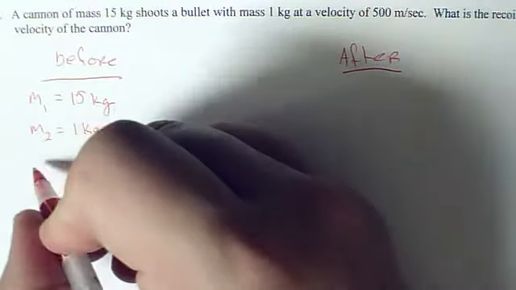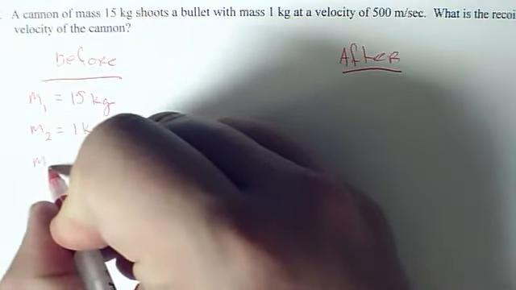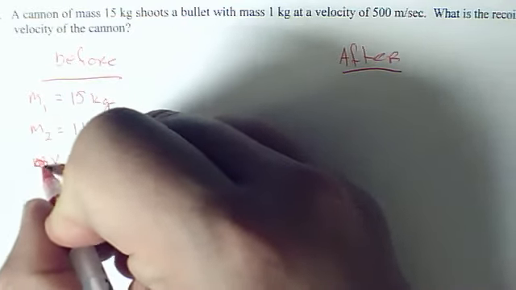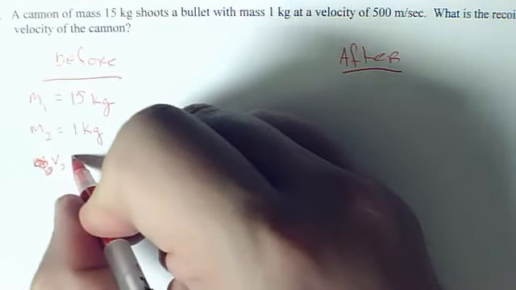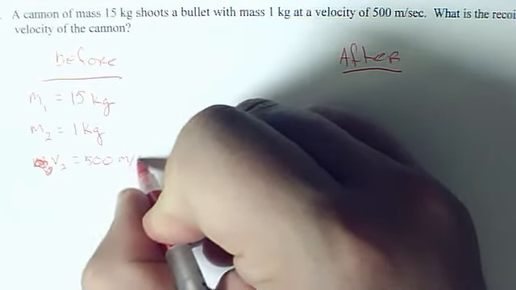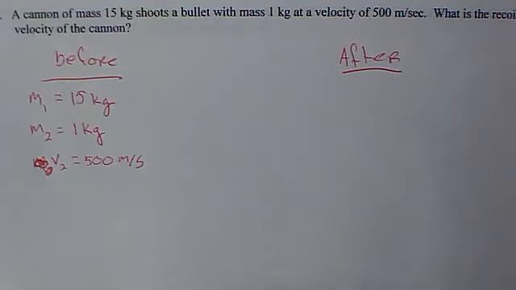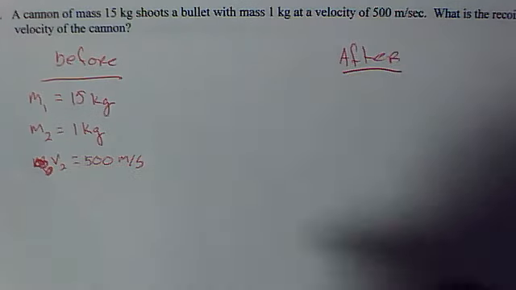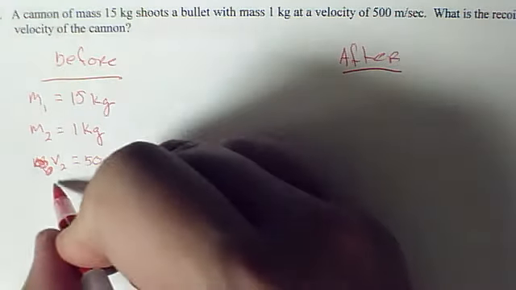And the velocity of the second one, the bullet, is fired at 500 meters per second. It wants to know the recoil velocity.